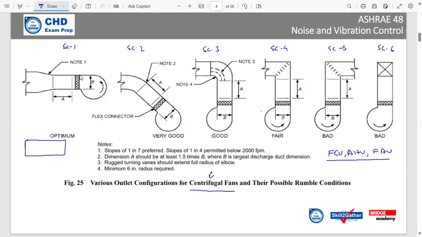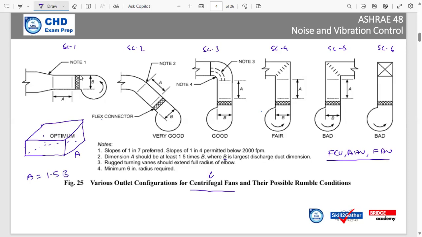And the size of the centrifugal fan opening should be maintained for a length of 1.5 of B. So this length A is equal to 1.5 of B.